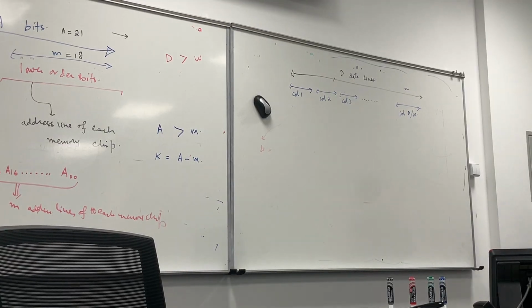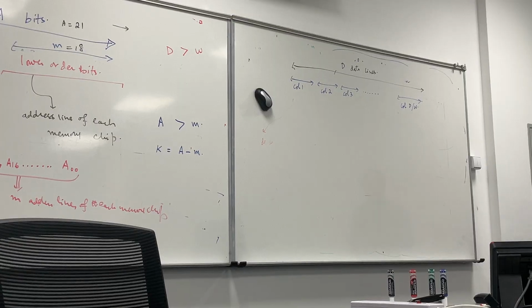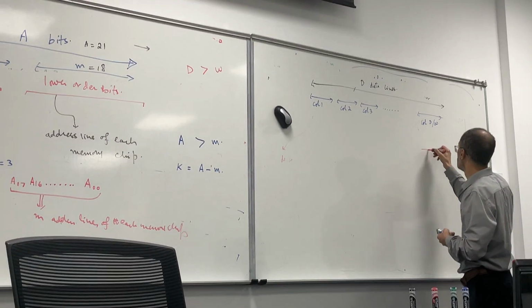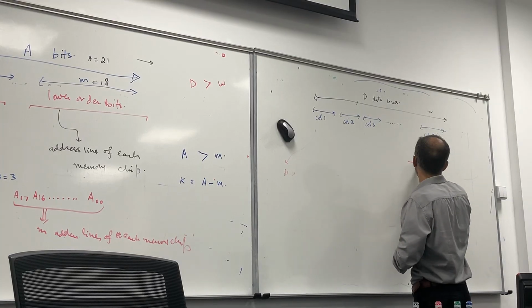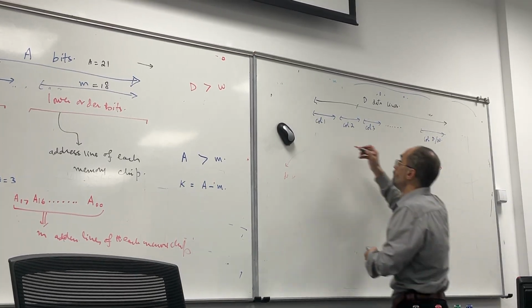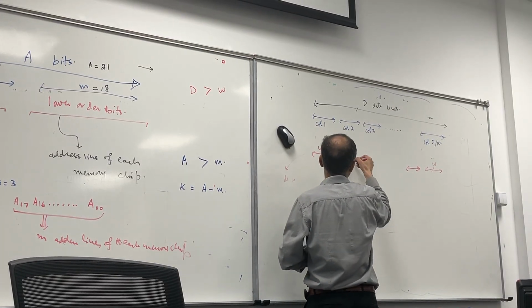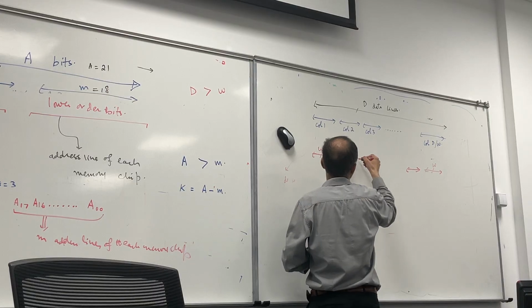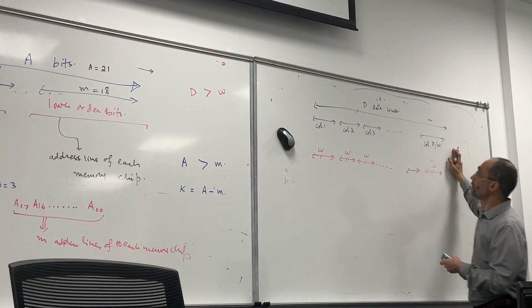Each column will provide how many bits? W bits. Column 0 will provide W bits, column 1 will provide W bits, column 2 will provide W bits, and column 3 will provide W bits, and we have D divided by W columns.